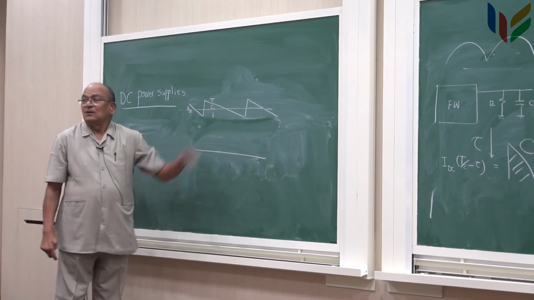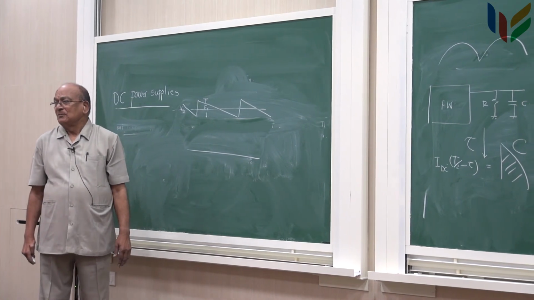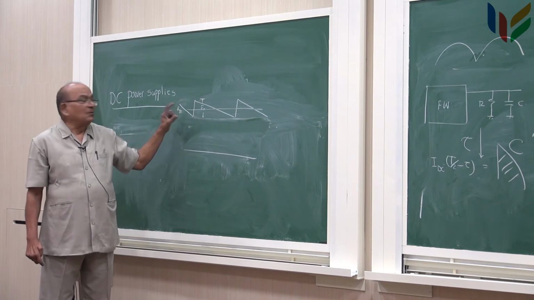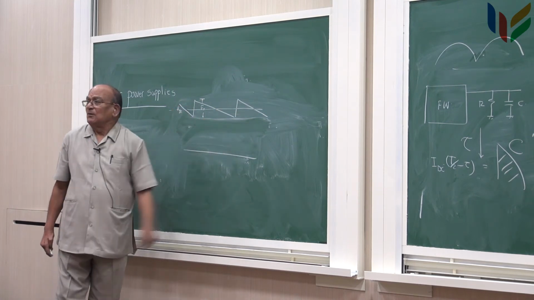Now, I can find the RMS value of this ripple, because this is DC, and this is going up and down by ER. So how much is the RMS value of this triangular waveform?